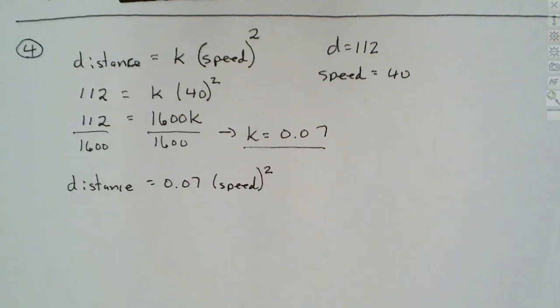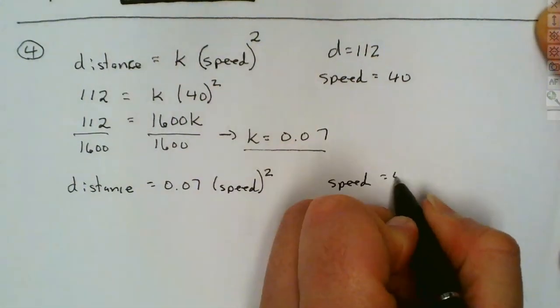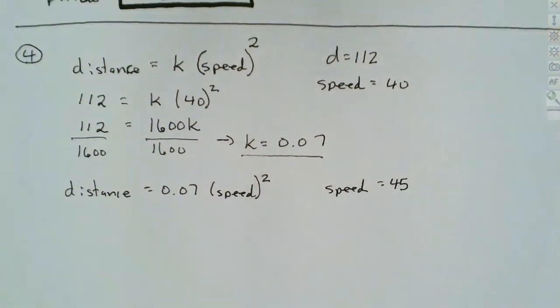So now what we need to do is figure out what distance is required for this car to stop if it travels at 45 miles an hour. So the speed now, we're going to use 45. So we're going to plug that in.